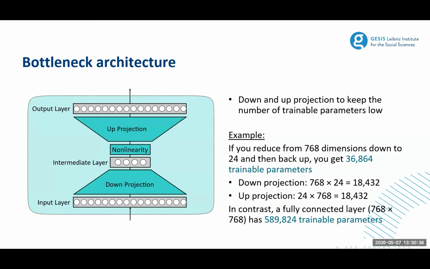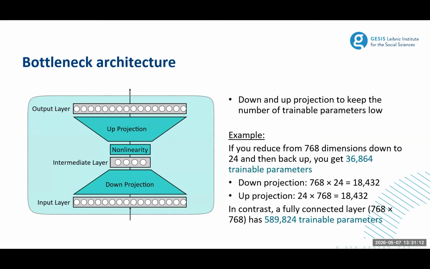So in this example, the original layers of the model had a dimensionality of 768, right? And we're now reducing it. In this example, it's 24. And then what we do is that we're having two weight matrices. One is the down projection and one is the up projection. And both have these 768 times 24 parameters.